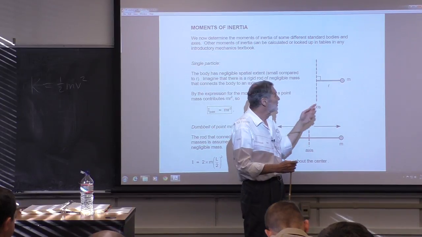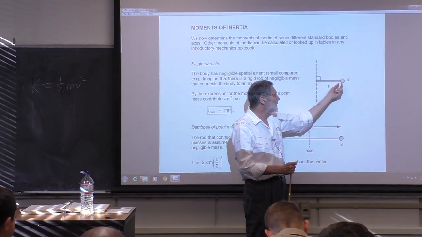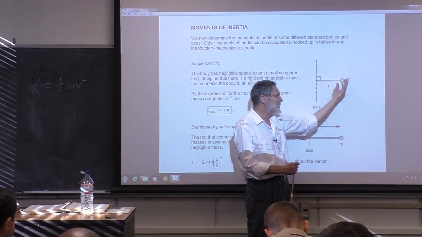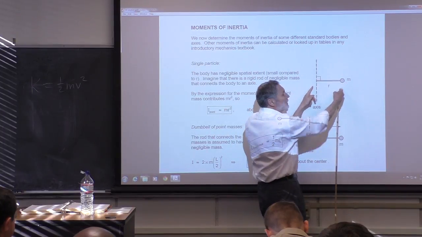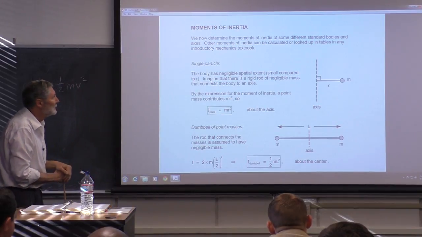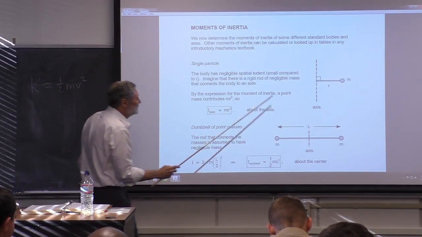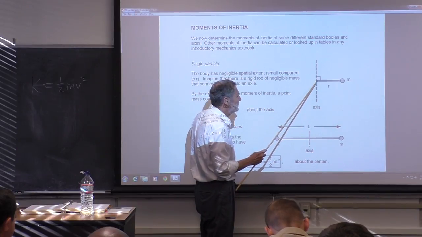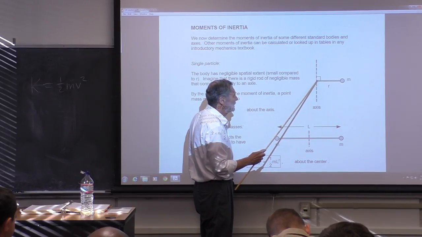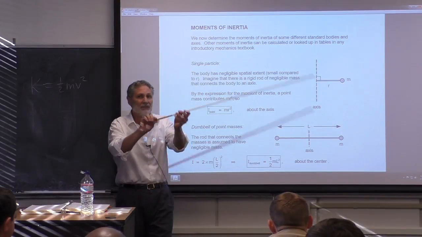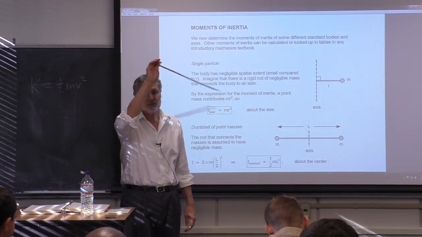From a practical perspective, when we say it's a point, what we mean is its diameter here, the characteristic length of this body, the radius or the diameter, is small compared to that distance. So we can approximate it as a point. To help see this, you may want to imagine a massless rod, a rigid rod of negligible mass connecting the axis to the mass here, and that this is going around like that.